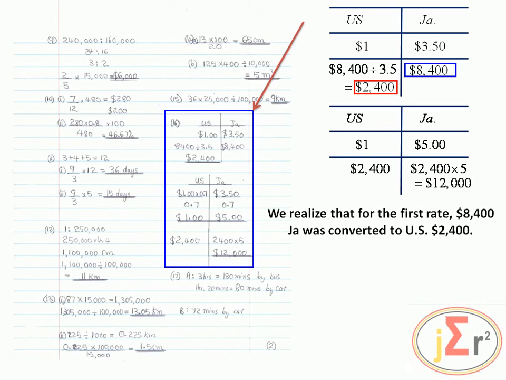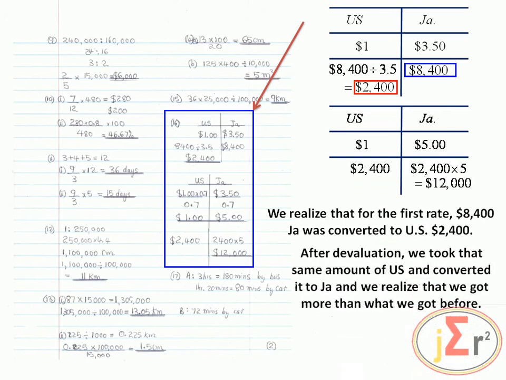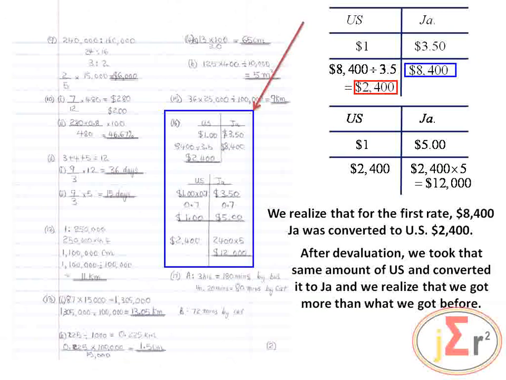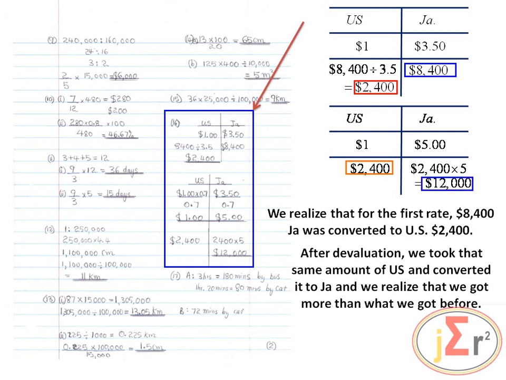So let us highlight them. Right there, that was what was done in the first conversion. After devaluation, we took that same amount of US that we had before and converted it to Jamaican, and we realized that we got more than what we got before. And some people are saying, wow, let us therefore save in US currency, so that when we are changing our money, we will get more in Jamaican.